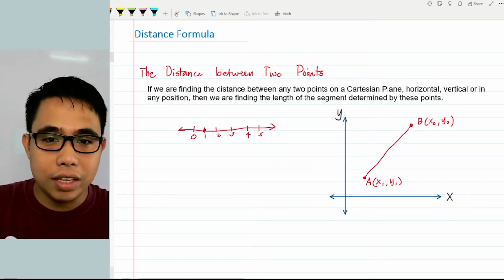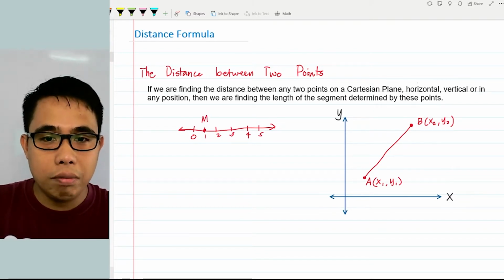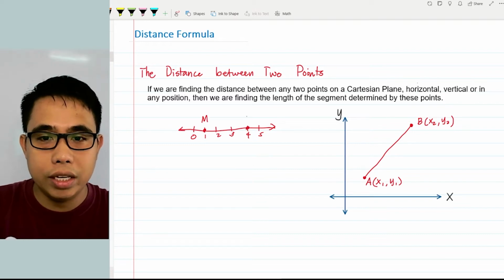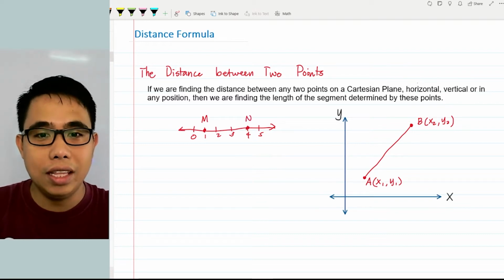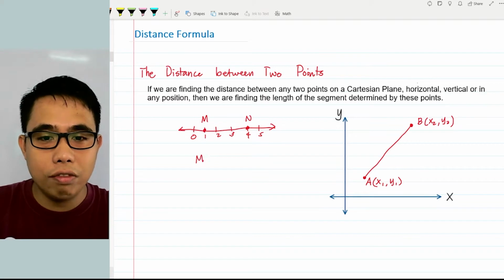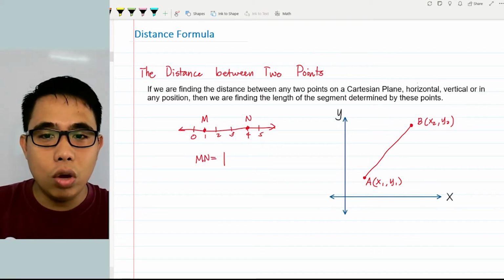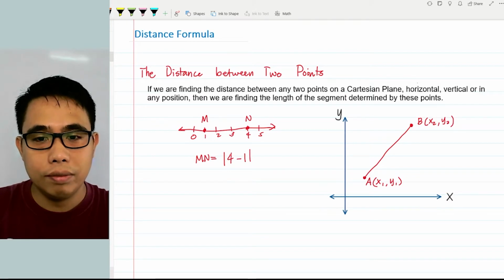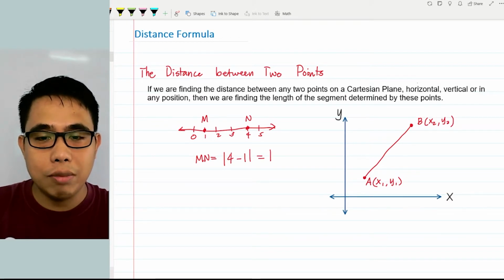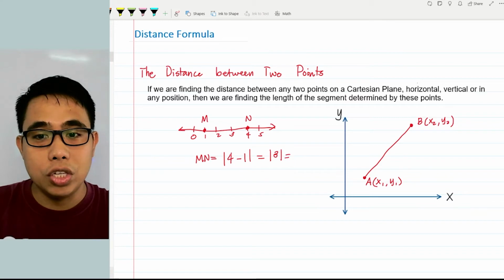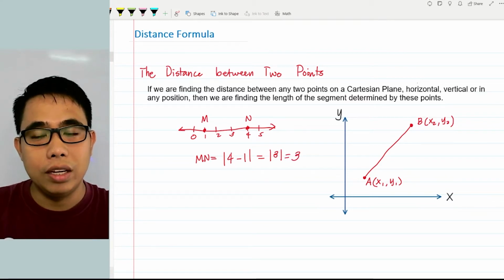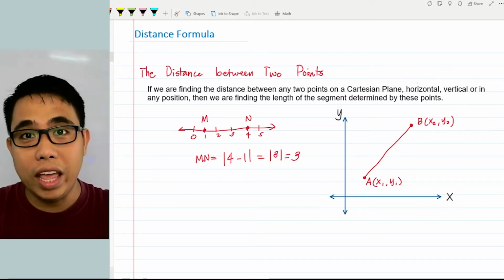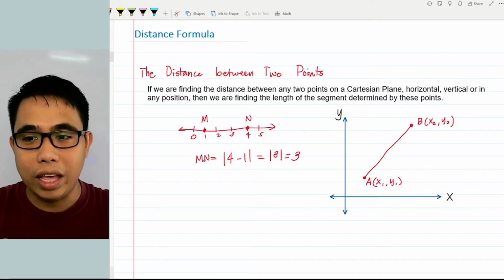And let's have this as point M and another point here, let's name it as point N. Then the distance of MN is equal to the absolute value of 4 minus 1, which is equal to the absolute value of 3, which is equal to 3. Recall that if we find the length, it is always positive. There is no negative length.